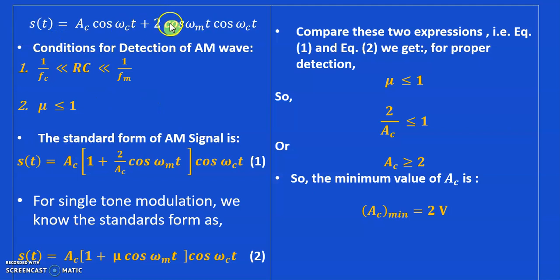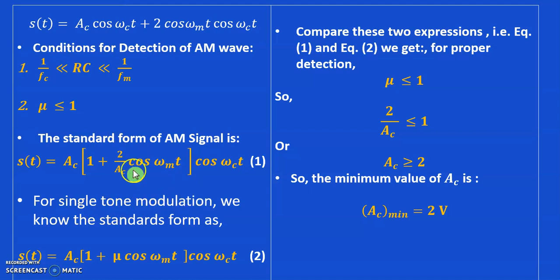This is a standard amplitude modulated signal, and we can put it in the standard form. We take Ac cosine omega c t outside, and it becomes 1 plus 2 over Ac cosine omega m t.